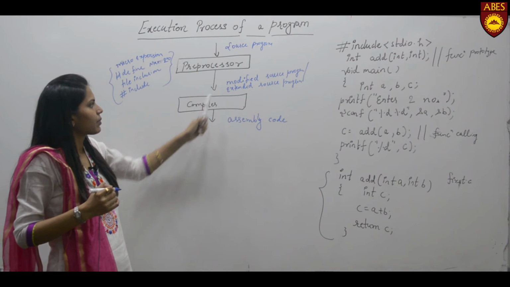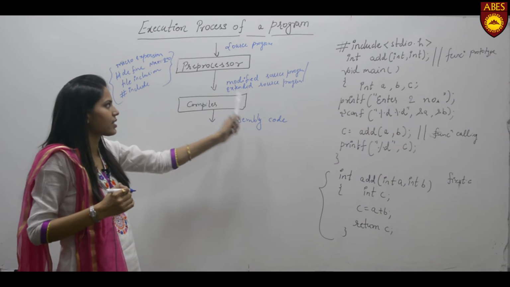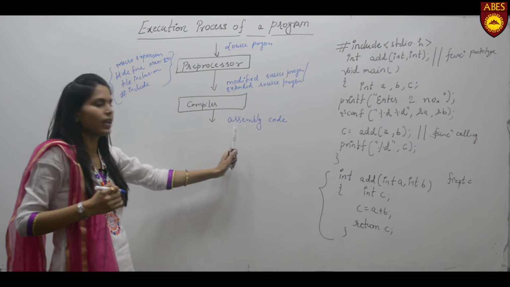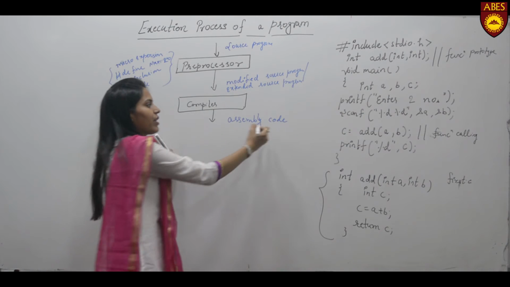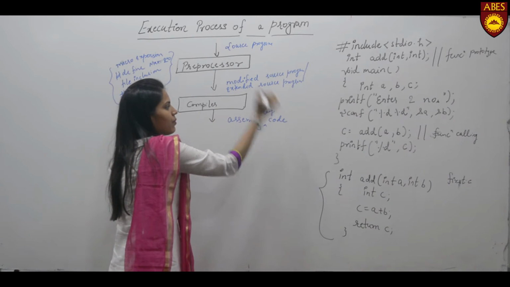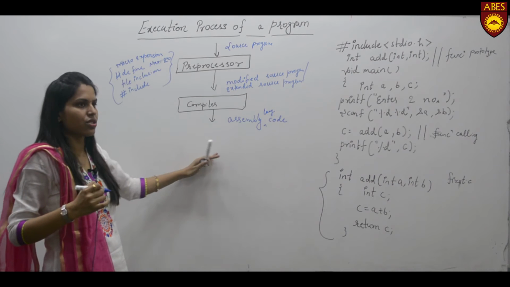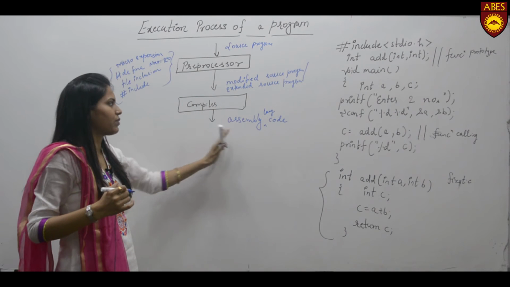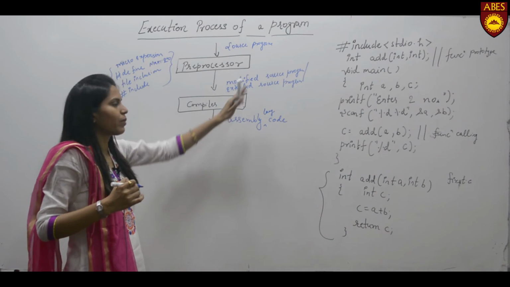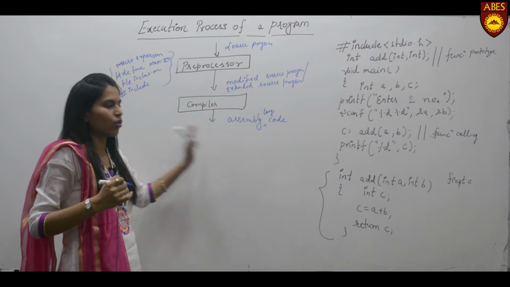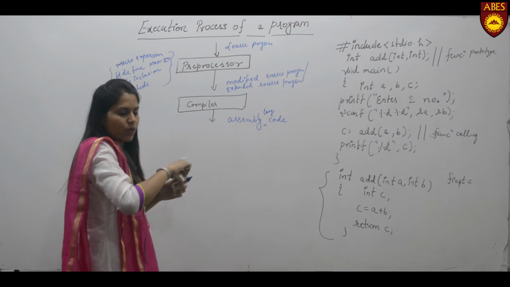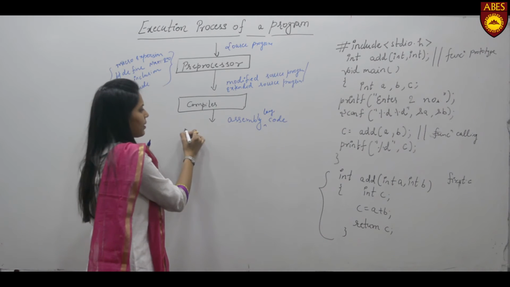The compiler is doing translation from the modified source program to assembly language code, which is not completely binary and not completely high level language. It is between high level language and low level language. Next phase of the compilation process is the linker.